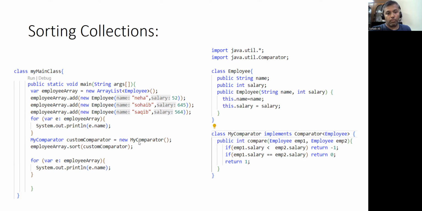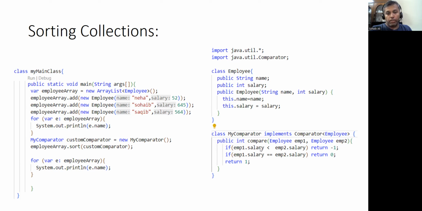Now, how would you define that way of sorting? It depends totally upon you, but right now I'm saying that the employee should be sorted based upon his or her salary. In that case, once I have defined an employee class or any other class, I can have a customized interface that allows me to compare two different employees.